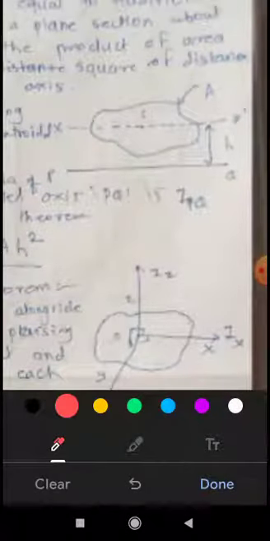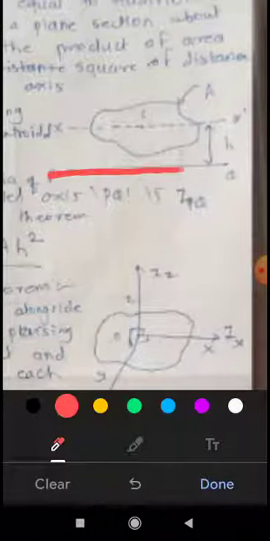Let's see here, I have given a figure having area A. We know the moment of inertia about this axis, Ixx. xx is the axis, and we have to calculate the moment of inertia about the axis which is parallel. This is PQ, which is parallel to the xx axis.